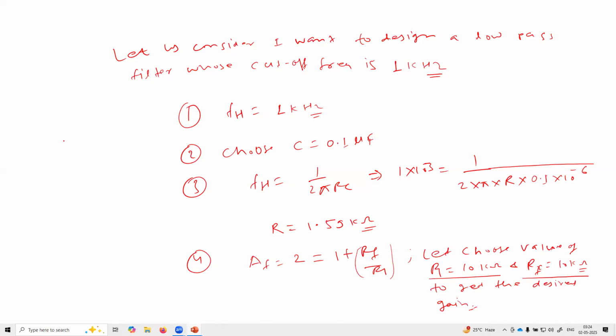So let us draw again here and analyze the circuit. Here capacitor C is equal to 0.1 microfarad, 1.59 kilo ohm is the resistance value. From here we are applying the input signal.